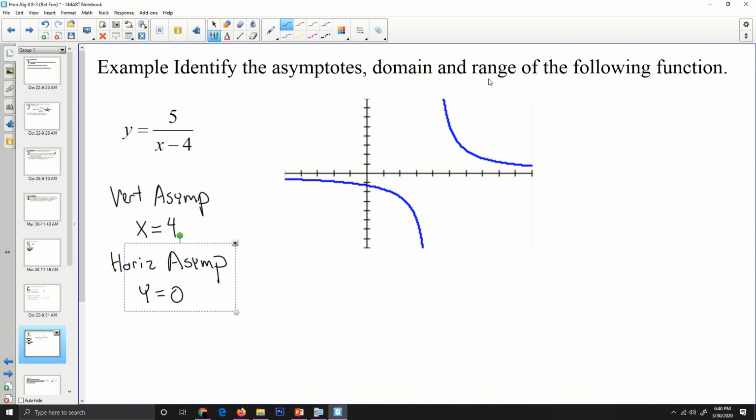Now the domain and range are related to the asymptotes. The asymptotes are values that we're throwing out of the domain and range. So the domain and range is going to be everything but the asymptotes.